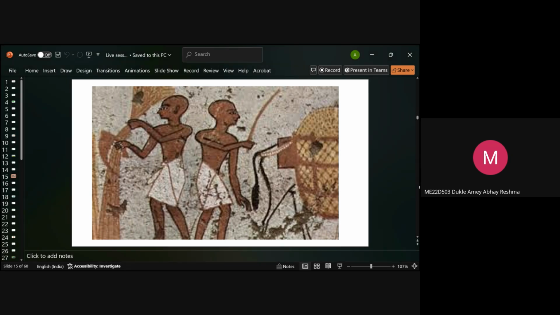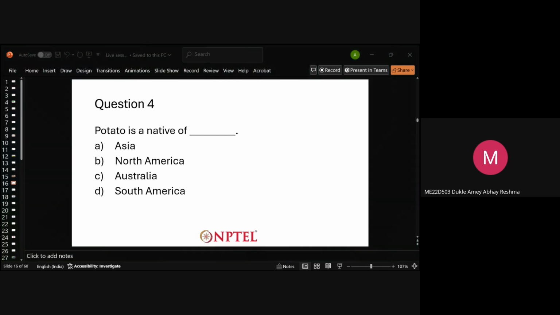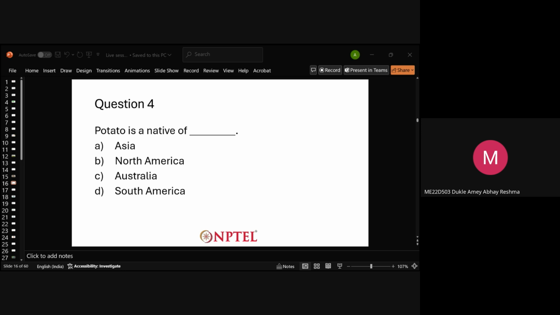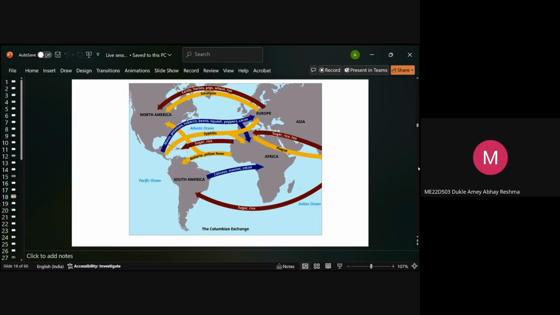So moving to the next question. Potato is a native of Asia, North America, Australia, or South America. Potato, we all know, is a very common staple in many of our diets. But do you know where it is actually from? Yes. So the answer is D, South America.